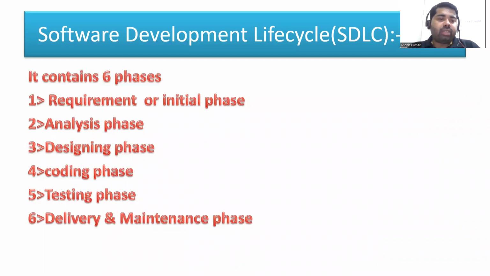The software development life cycle contains six phases: requirement or initial phase, analysis phase, designing phase, coding phase, delivery and maintenance phase. We will discuss each in depth in the coming sessions. I have already discussed them, but I will give you some theory. It will be very helpful in an interview if someone asks what the software development life cycle is.